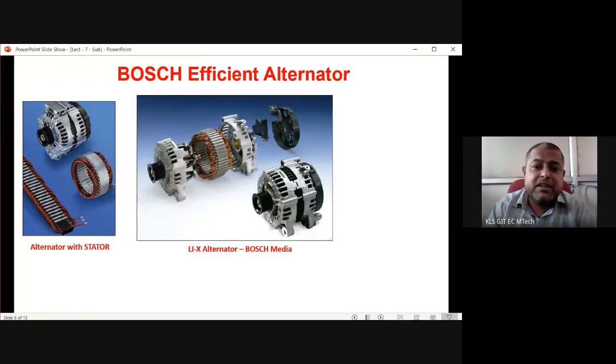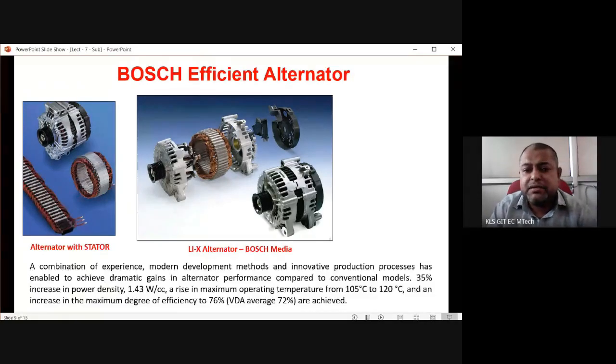There are efficient alternators. Whatever efficient alternator we have seen just now, you can see how the stator is produced. I told you previously that initially the stator is produced as a long length line, and then it is rotated and made compact into this kind of stator.